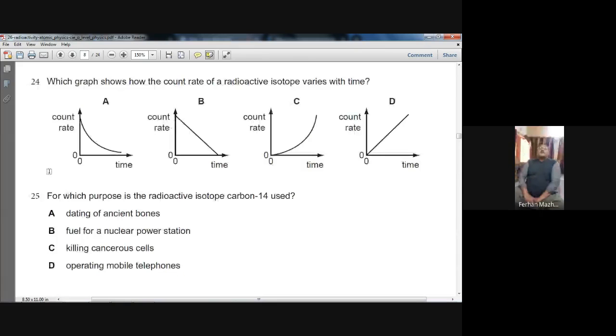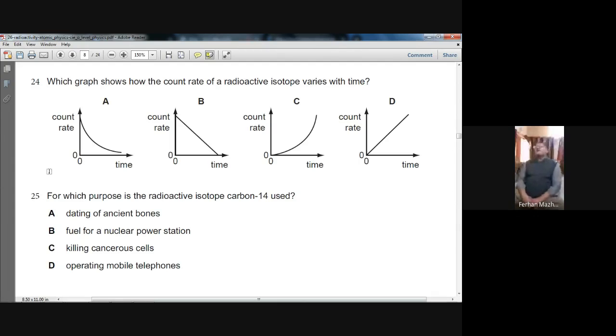Which graph shows how count rate of a radioactive isotope varies with time? As the time passes by, the count rate gradually decreases, but the rate of decrease is not constant. So the graph should come downward, but it should not be a straight line.